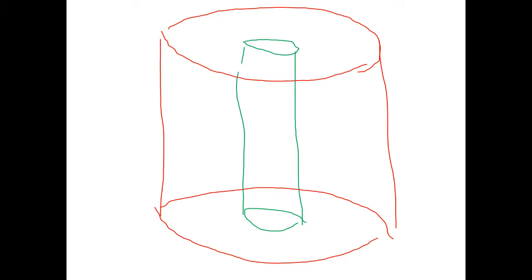All the E field would be in the radial direction, something like this.